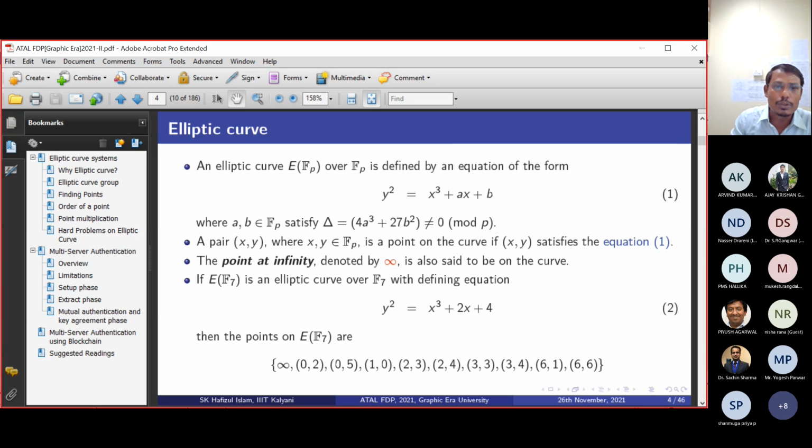So if I take x equal to 0, it becomes 2, so y is the square root of 2. Here we are interested in the integer part, so that is not taken.